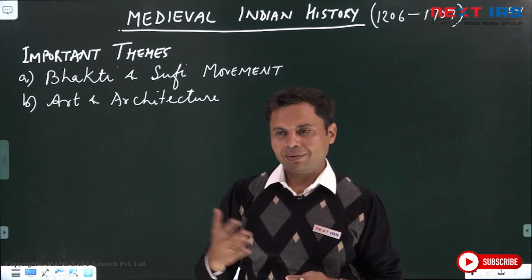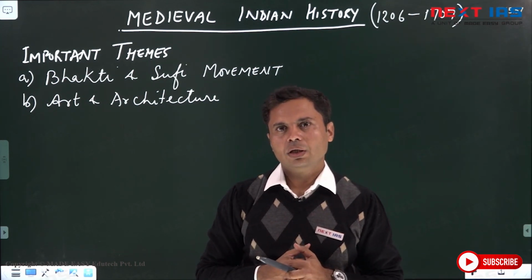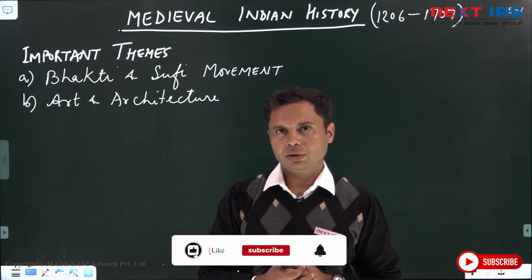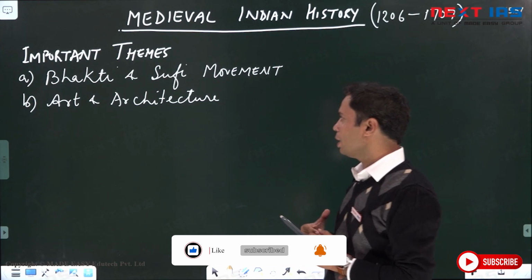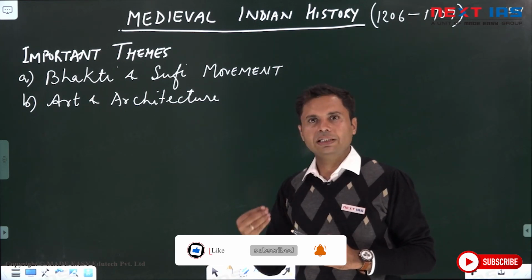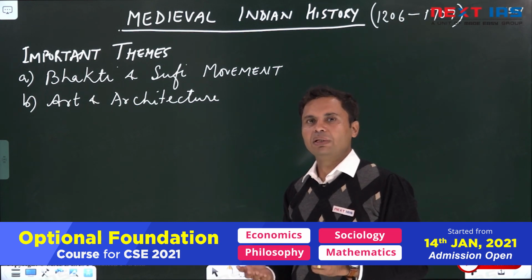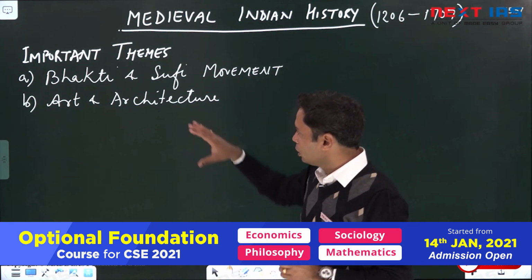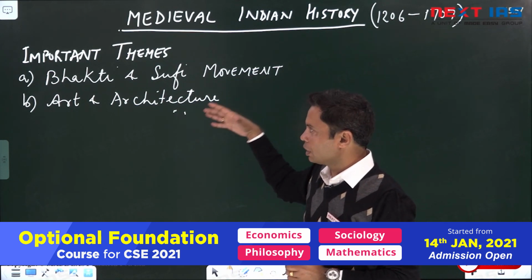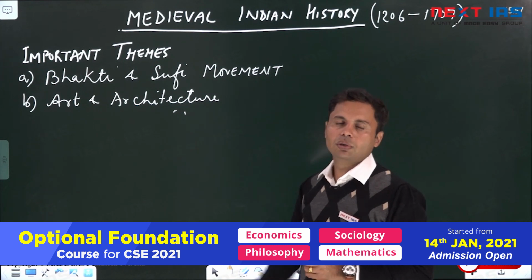The advent of the Turks marks the beginning of medieval Indian history. They had come from a foreign land, and when they came to India they brought with them new techniques in building activities. Their style of building led to the introduction of the arch and dome. So in art and architecture, you have to study the important buildings and the way they used to build them.